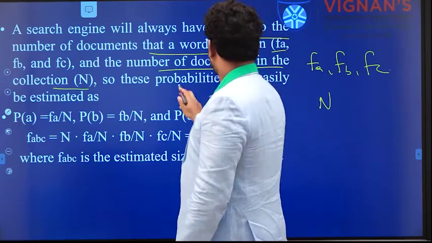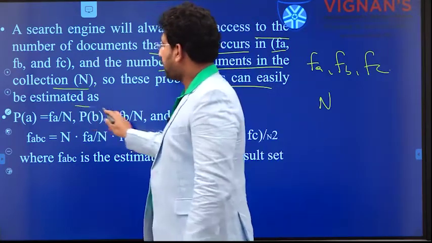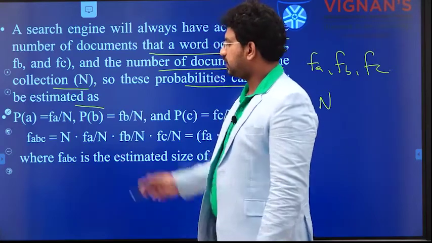So how are these probabilities estimated?